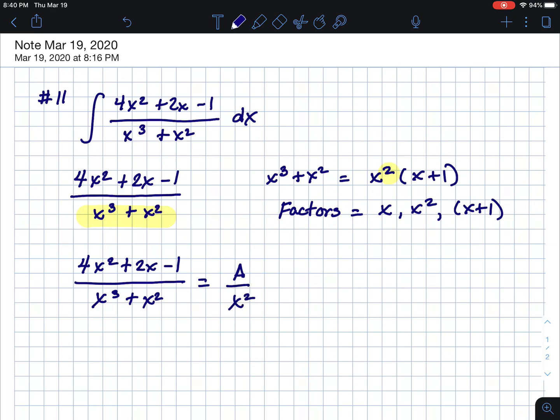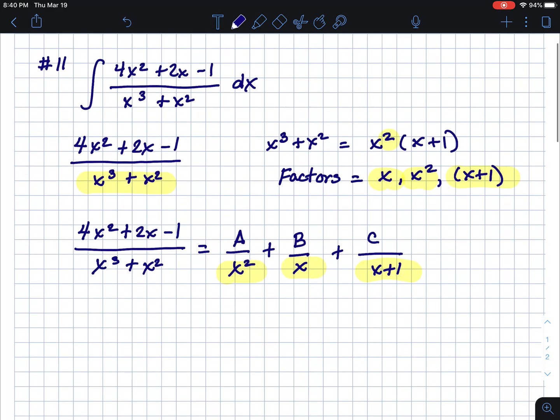Plus B all over x, plus C all over x plus 1. Okay, those are all our factors, right here, right here, and right there.